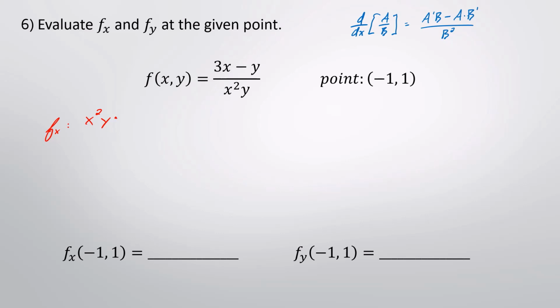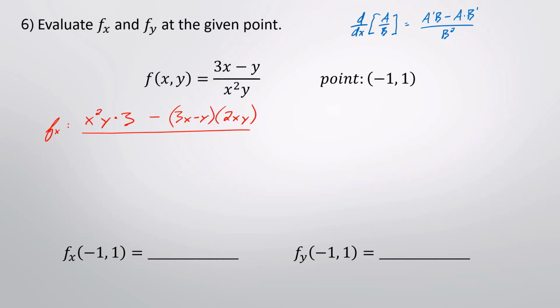That's just going to give me 3 minus 0, because I'm treating the y like a constant, so this is going to be 3x squared y, minus the top, 3x minus y, keeping that grouped since it was two terms, times the derivative of the bottom with respect to x, so that's 2x, and the y is treated like a coefficient so it's still there, all over the bottom squared.